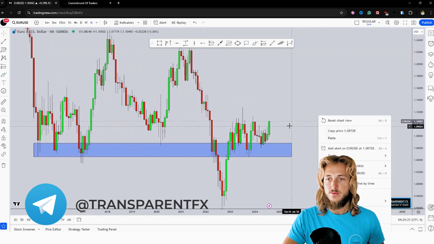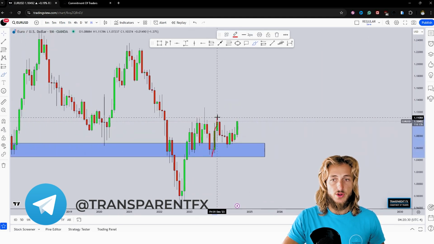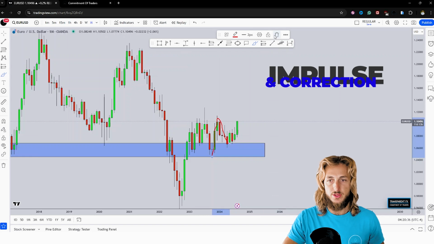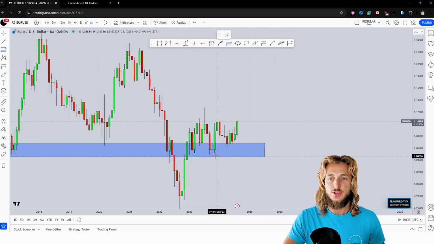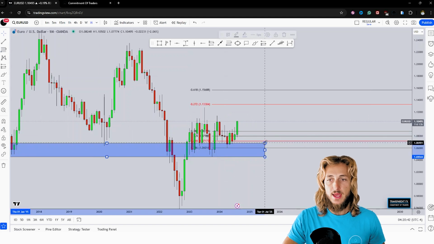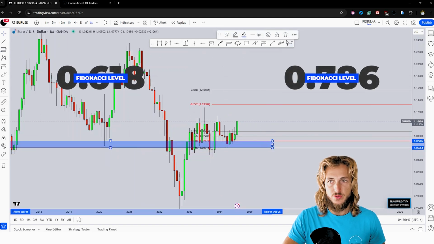We can also notice from a pattern standpoint that we just had the creation of a very strong impulse to the upside followed by this correction. Now, in general, after an impulse, if you want to measure the correction, you have to take your Fibonacci from the low to the high of the impulse leg. And this shows us how we have the 0.618 and 0.786 Fibonacci retracements.